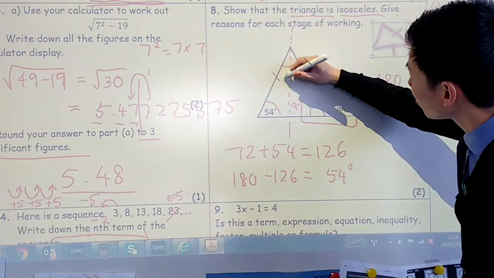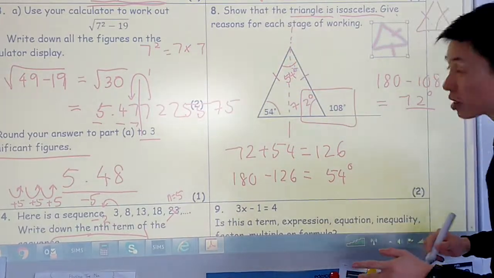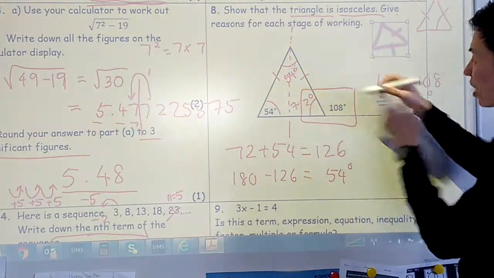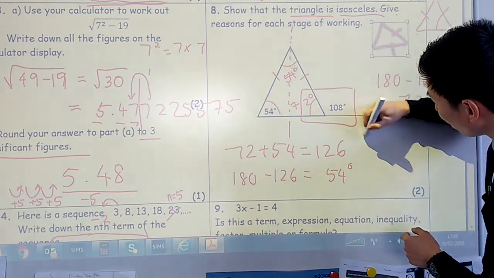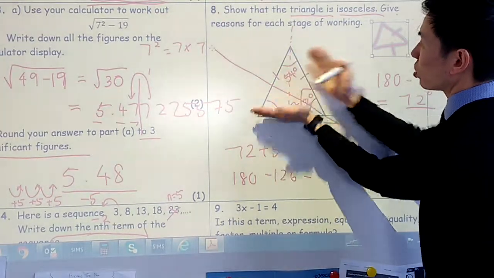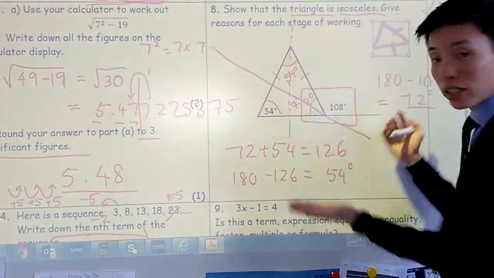Okay, so in other words, this is an isosceles triangle because the base angles are here. So in fact, my drawing should be referring to the symmetry line here. This half and this half is symmetrical.